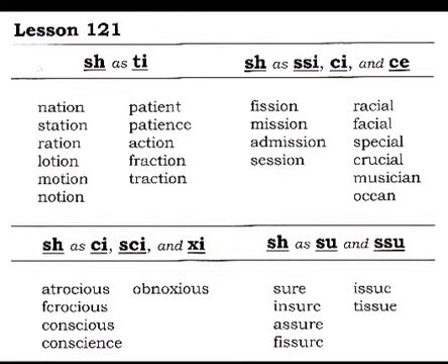Also in that lesson, SH is spelled CI, and SCI, and XI in such words as atrocious, ferocious, conscious, conscience, obnoxious, and also the SH sound is spelled SU and SSU in such words as sure, insure, assure, fissure, issue, and tissue.